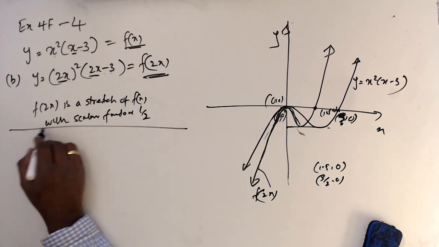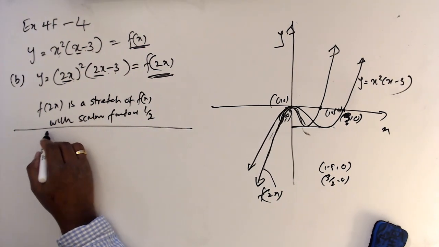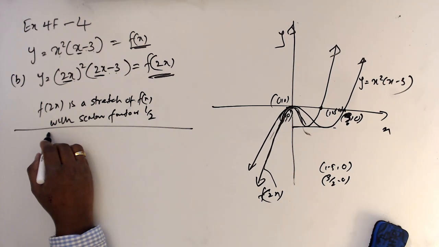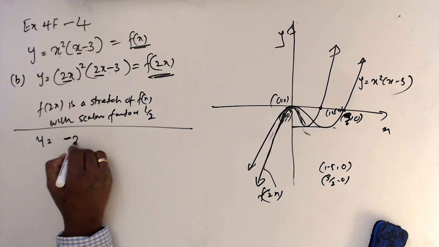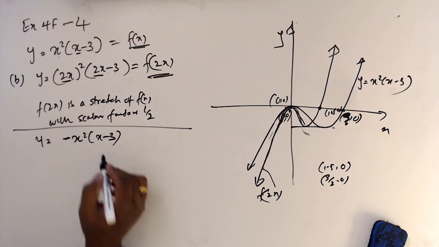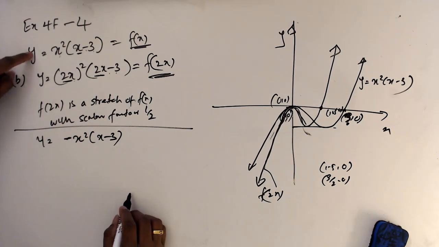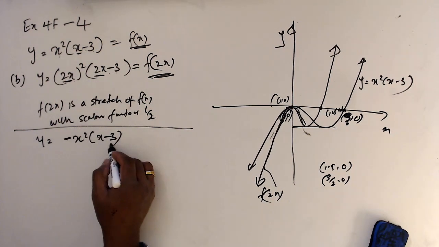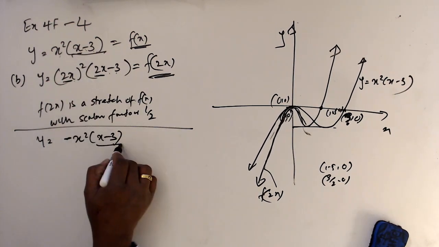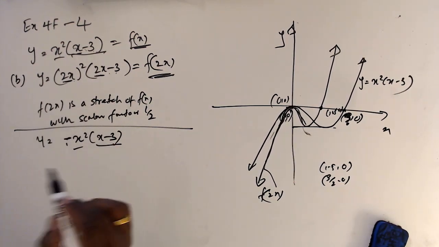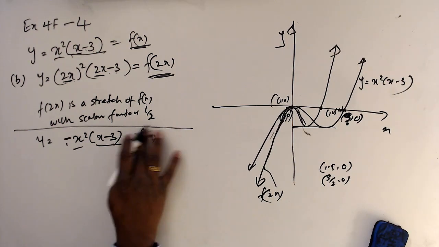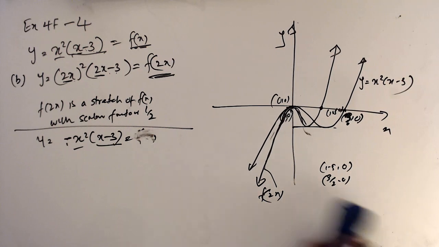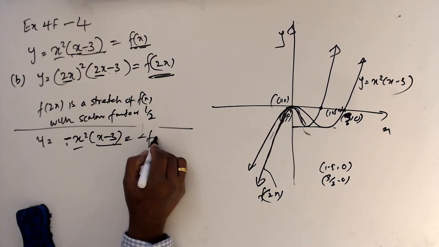Now the other one. I can see y equals minus x squared minus x minus 3. When I compare this one and this one, the x minus 3 is as it is, x squared is as it is, just a minus sign. It means if this is f(x), this one is going to be minus f(x).